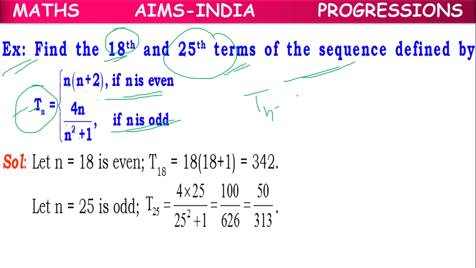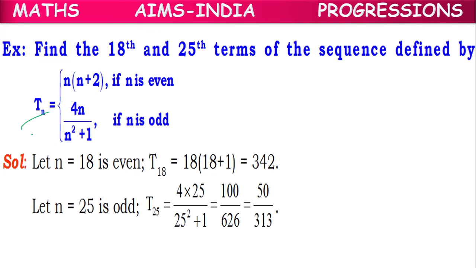Tn is the general term of the sequence, used to find various terms in the sequence. But here Tn is defined in two ways. If n is even, we consider the first definition. If n is odd, we consider the second definition.